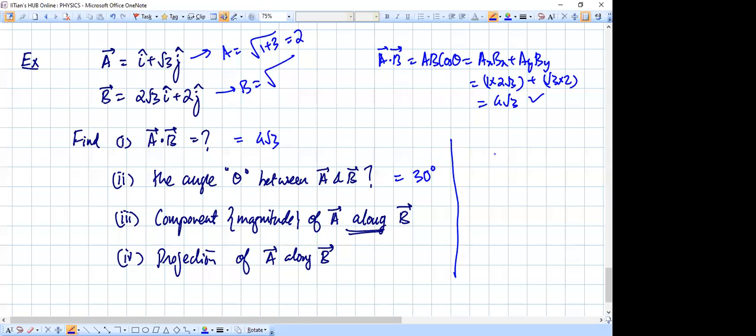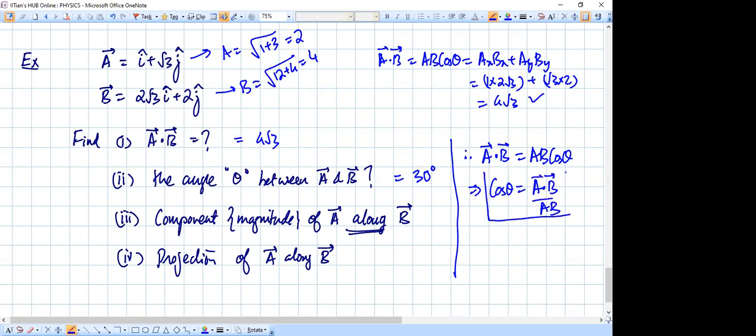So now coming back to this, cos theta is nothing but the dot product divided by the product of the magnitudes. So this is what we will use for the second part. This was the first part. So A dot B, first part is done.